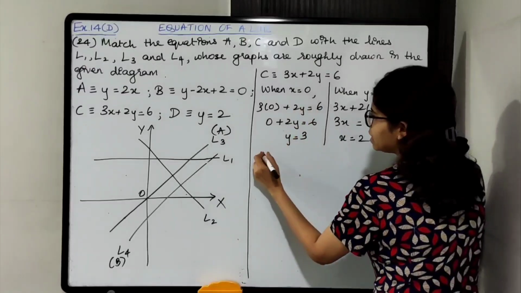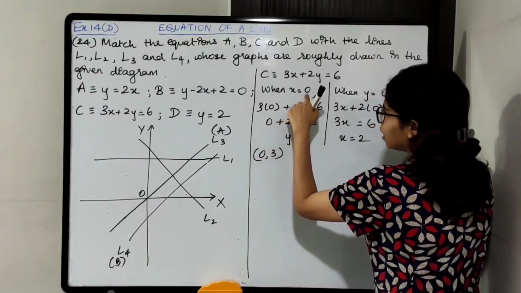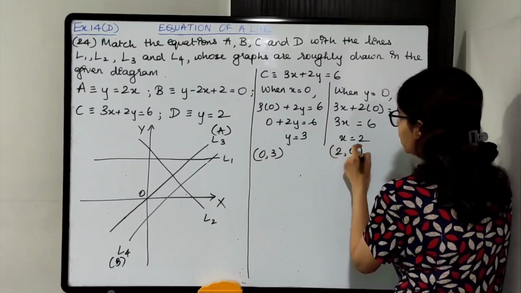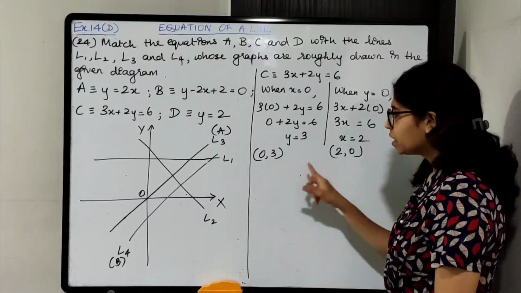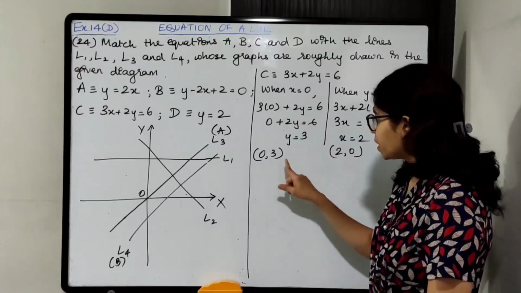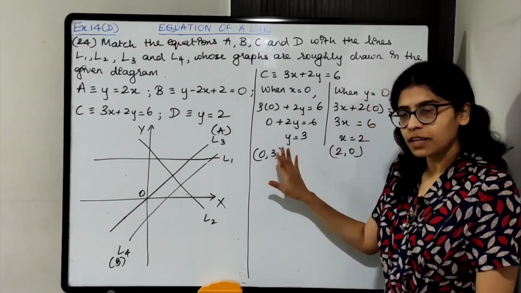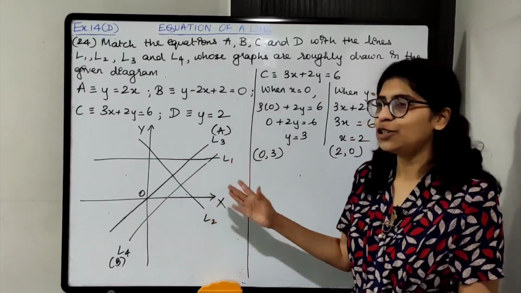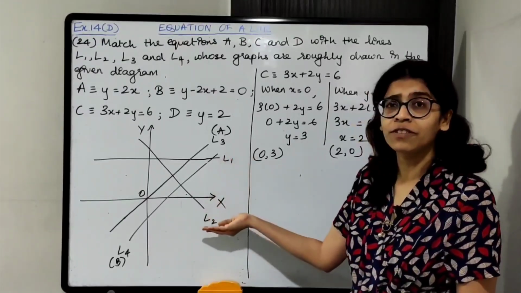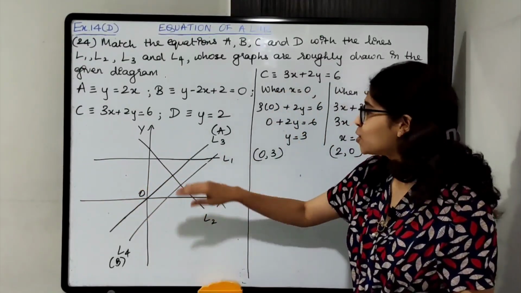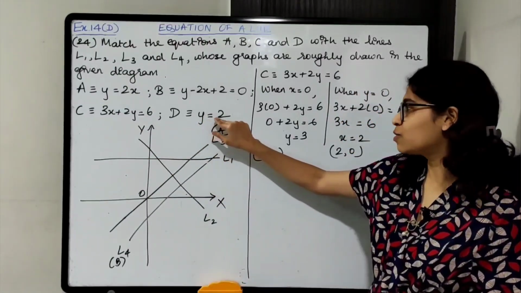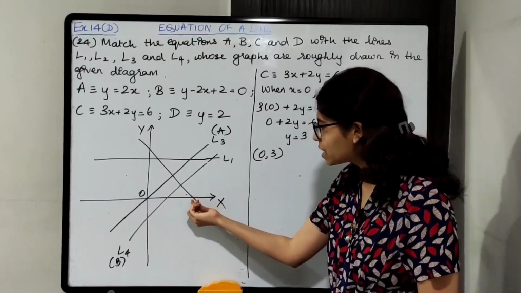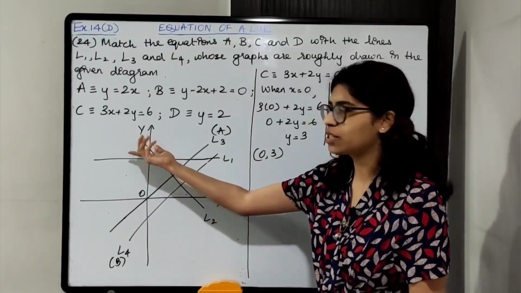So here we are getting 0, 3, x coordinate 0, y coordinate 3, and here 2, 0, x coordinate 2 and y coordinate 0. So with 0, 3 and 2, 0, it is positive on the x axis and positive on the y axis. Now we are left with L1 and L2. Actually from this only you can figure out. L1 is the parallel one. For a parallel line we know y is constant, so it will match with D, and the remaining is L2. So L2 is cutting the positive x axis and positive y axis.